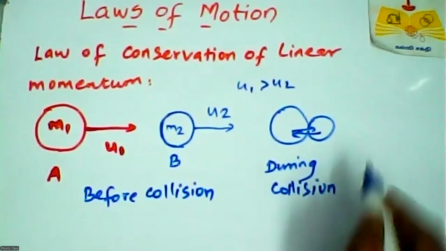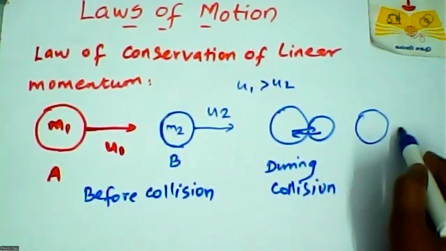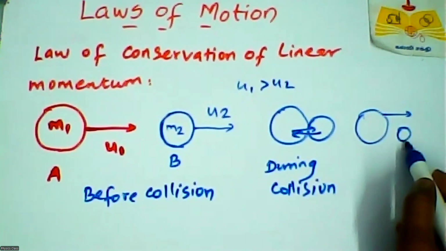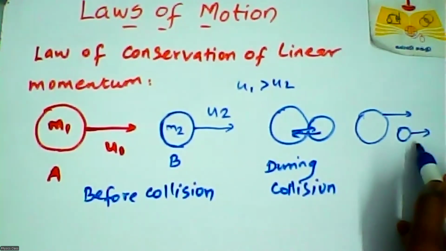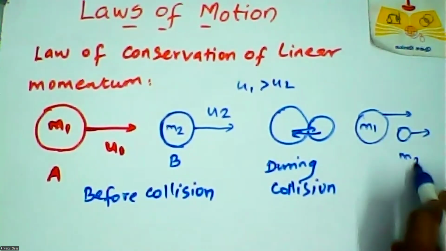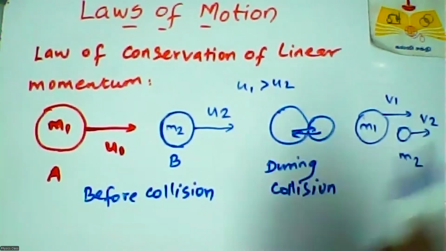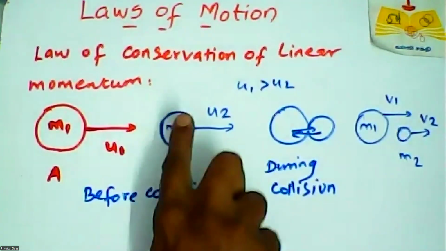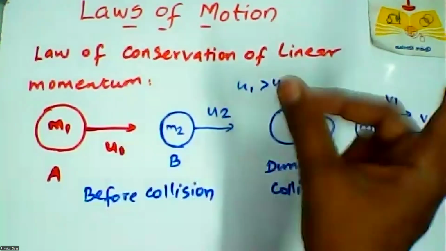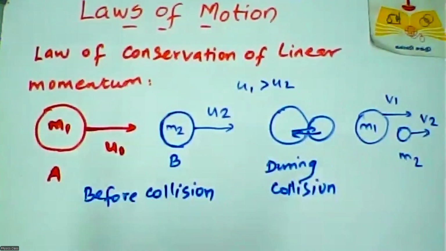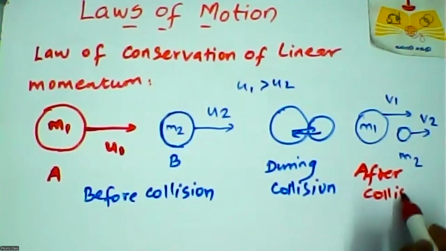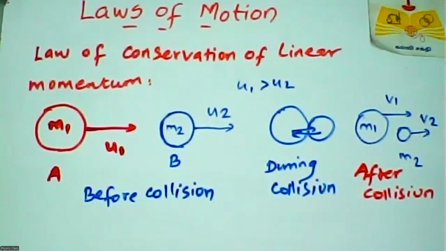After that, this object goes in the same direction, and this object also goes in that direction, but the velocity changes. Both objects' velocities change. So u1 becomes v1, u2 becomes v2. That means the first object's velocity changes, and the second object's velocity also changes. So this is after collision. Okay.